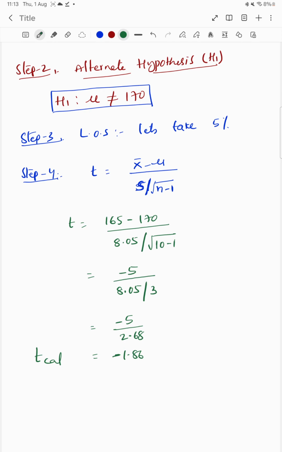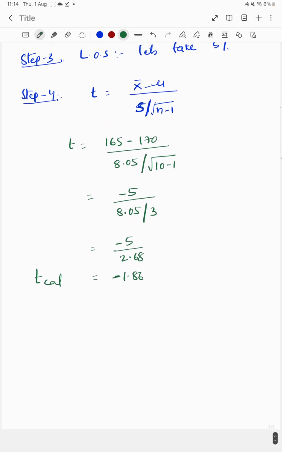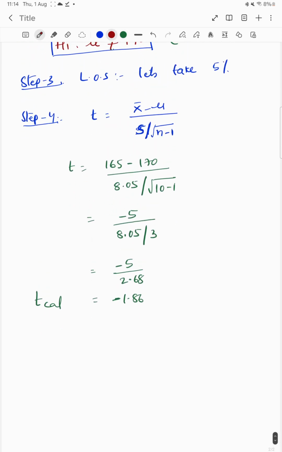But remember, the most important point: whenever you have a negative value for the test statistic, we have to check our alternate hypothesis. If the alternate hypothesis has not equal, then we call it two-tailed. Whenever we have two-tailed, we have to take the modulus of the calculated value.